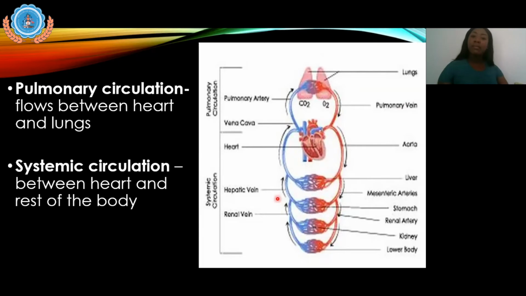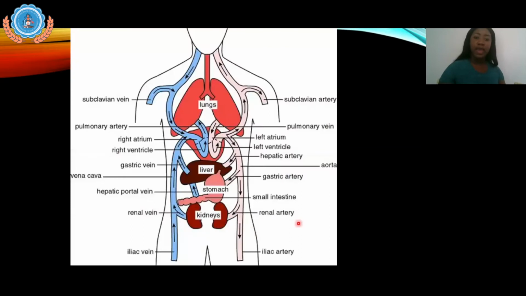And the systemic circulation happens with the different arteries and veins of the lower body, the aorta, and the vena cava again. And we said systemic circulation happens between the heart and the rest of the body. So here we have all the major arteries and veins of the heart, which you will get to see furthermore when you open your PowerPoint.